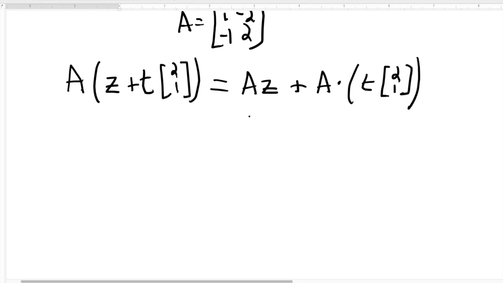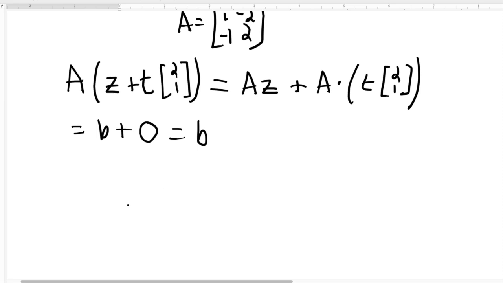So what's the value of Az? Well, Az is just going to be equal to b. And now what's the value of A multiplied by t multiplied by (2, 1)? By the definition of the null space of a matrix, this second term must be equal to 0. So this expression is just equal to b plus 0, which is just equal to b. So as you can see, once we find the initial vector z, we can then find infinitely many solutions.